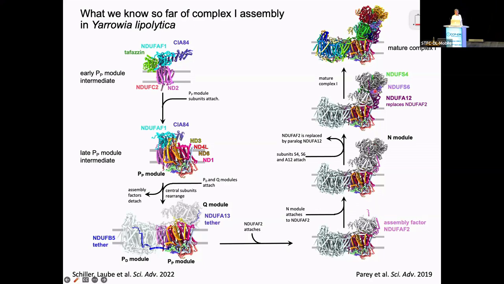Then S6 would come in and replace AF2 by the A12, and now we have the mature complex 1 that will be fully functional. So of course there's many more assembly factors, and we are already actively working on looking at more structures of those and get more details about the assembly of the complex in Yarrowia.